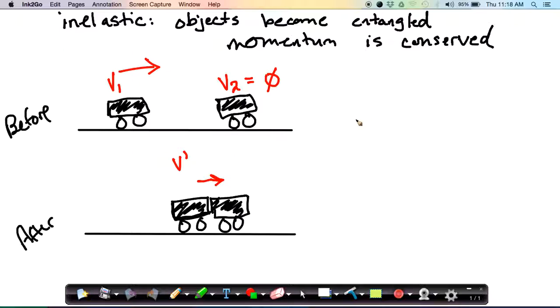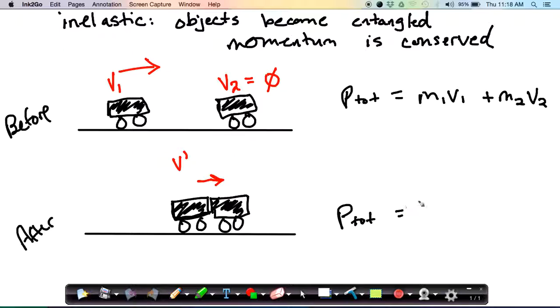So what happens now mathematically is the equation's a little bit different. If we think about the total momentum before the collision, it's still m1 times v1 plus m2 times v2, like it was for our elastic collisions. But if we think about the momentum after the collision, we only have one momentum vector now because the two objects have become entangled.